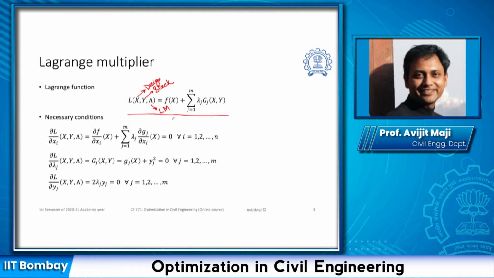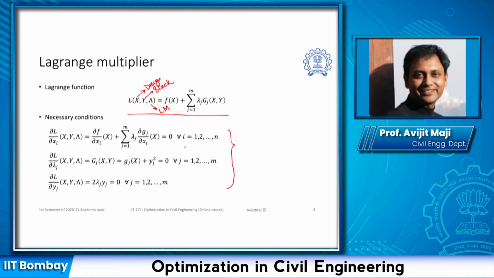So this Lagrange function has three different types of variables, and if we look into the necessary conditions, we are going to obtain three different sets of equations.